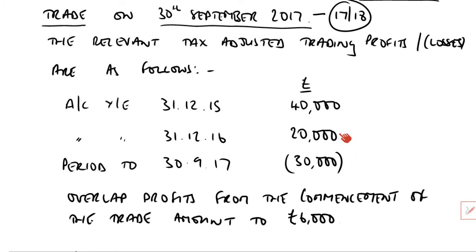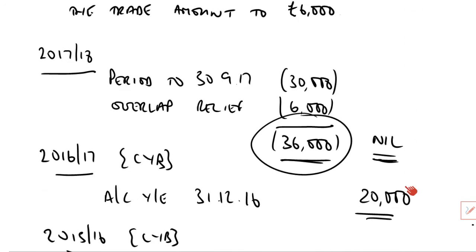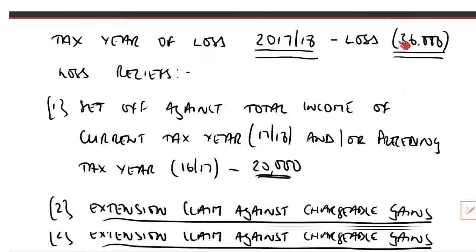And prior to that, the penultimate accounting period to December 16 was a profit of 20,000. Plus, of course, we know our overlap profits were 6,000.